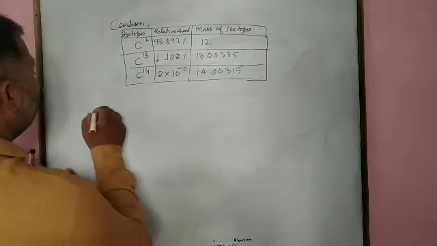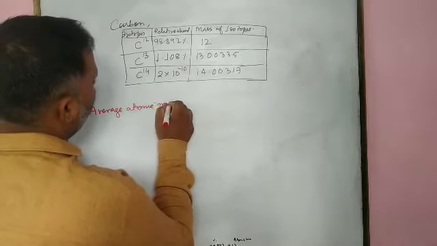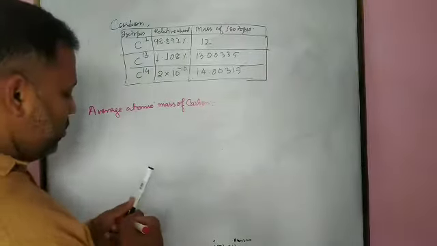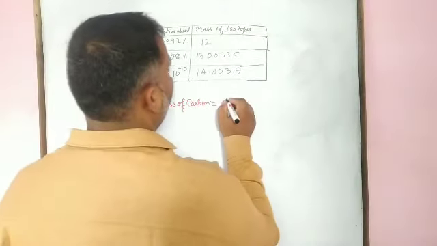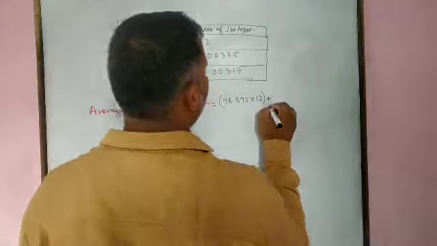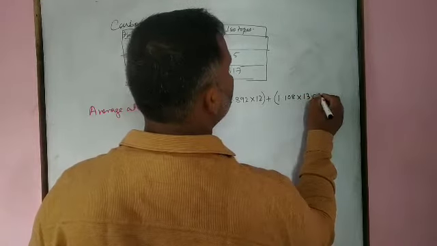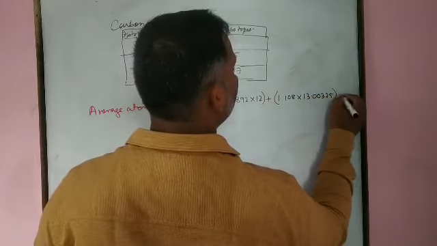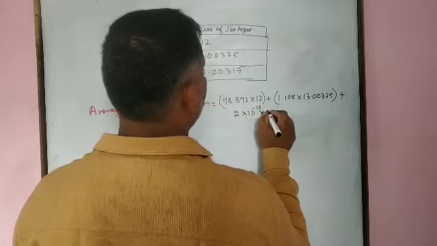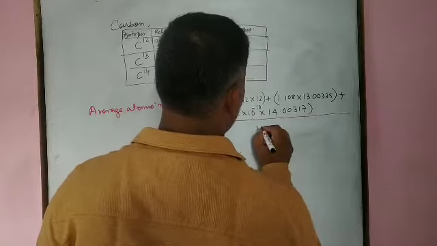It means the average atomic mass of carbon is equal to 98.892 into 12 plus 1.108 into 13.00335 plus 2 into 10 to the power minus 10 into 14.00317, sum divided by 100.